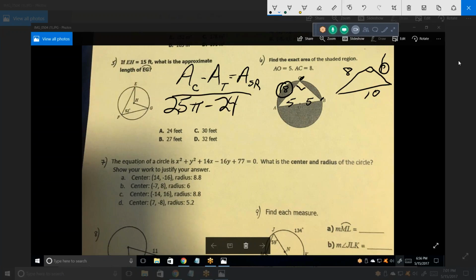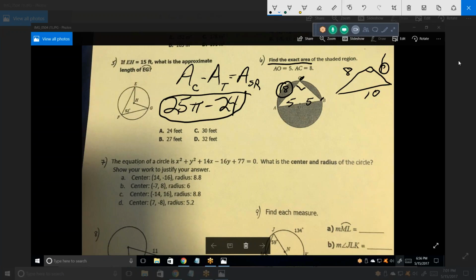Now, find the exact area. That's why they didn't make this multiple choice and give you decimal answers. The exact area is what I circled: 25 pi minus 24. There's no answer that's more exact than that.